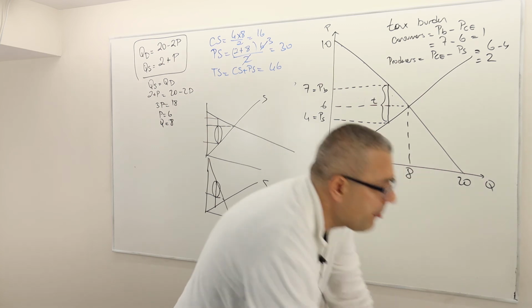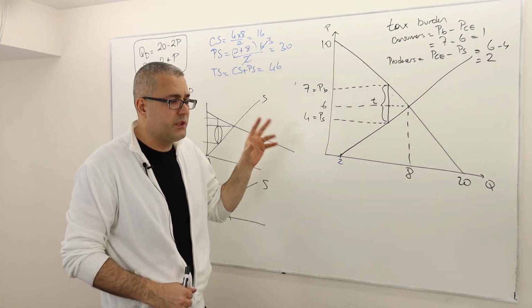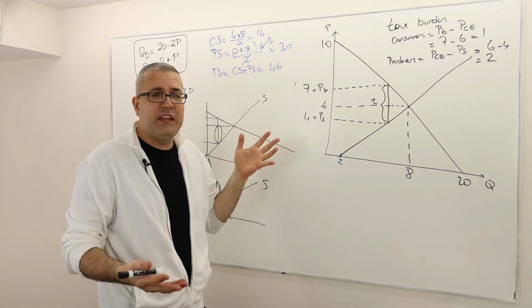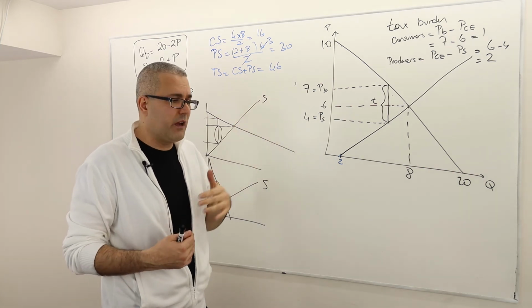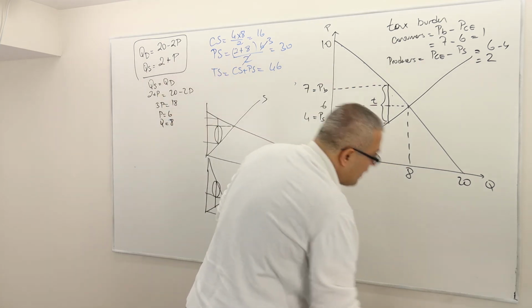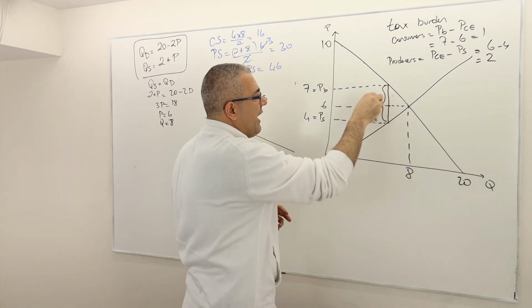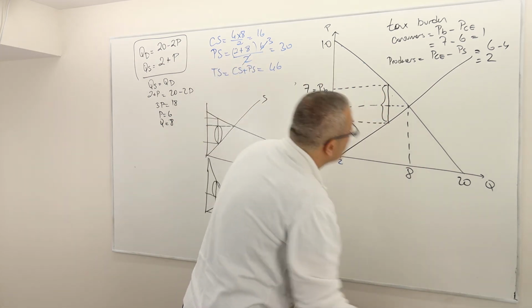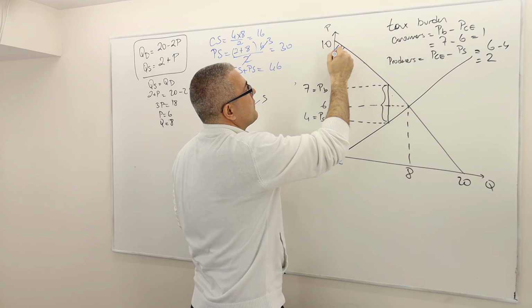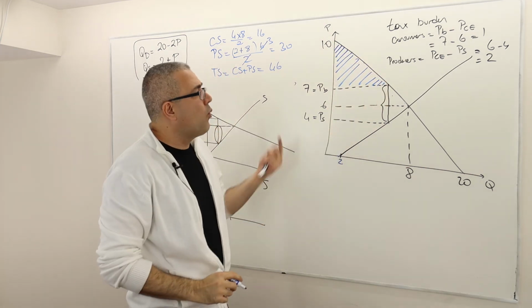The question is, how do the consumer and producer surplus change? What happens to the government's revenue? What's the deadweight loss after tax? Well, simple. I'm not going to calculate them mathematically, but let me just show the areas. So this is the consumer surplus. Why?